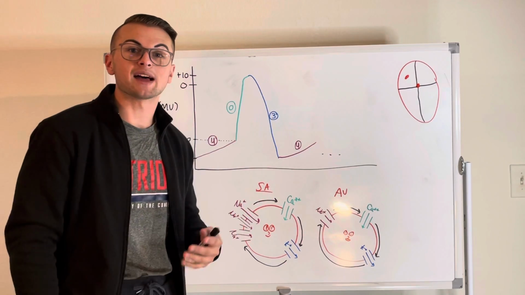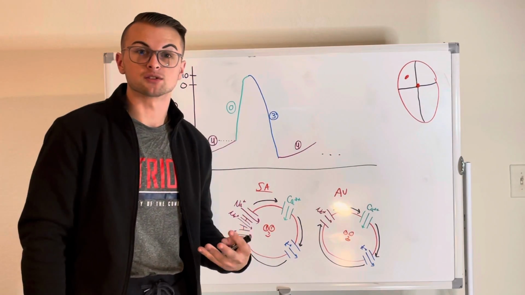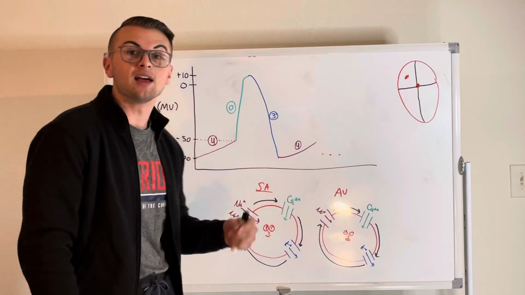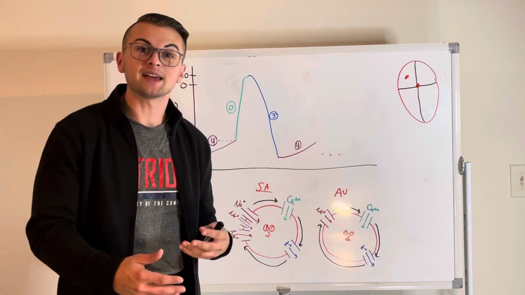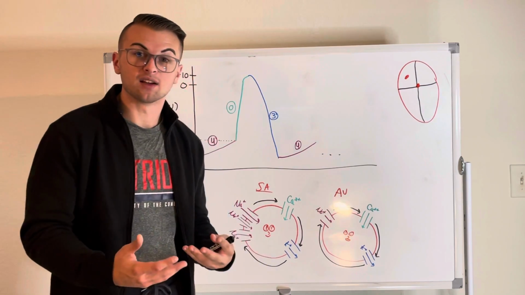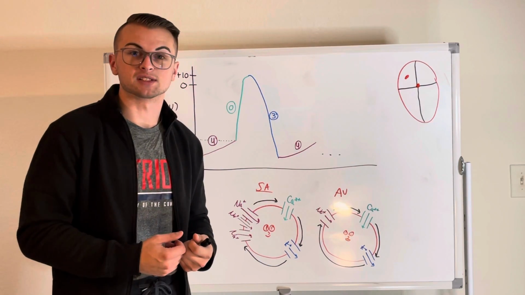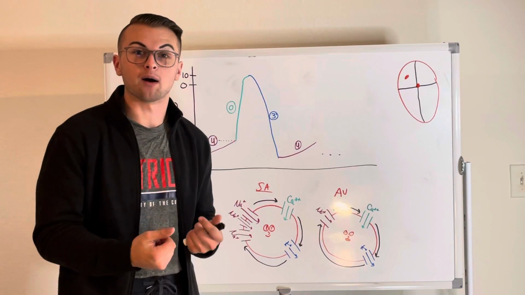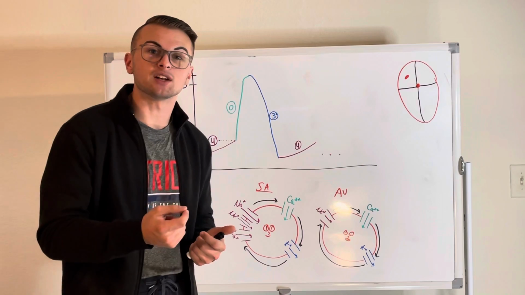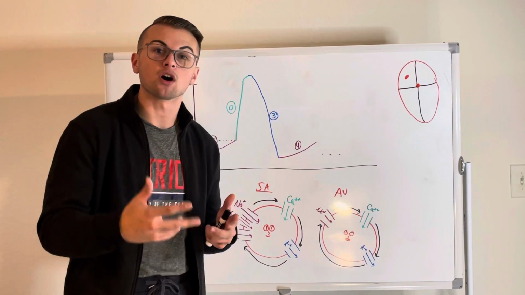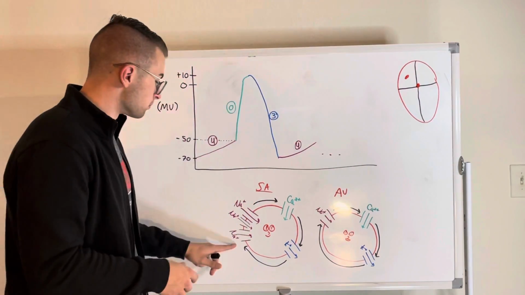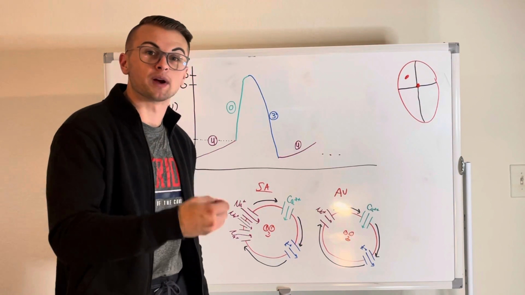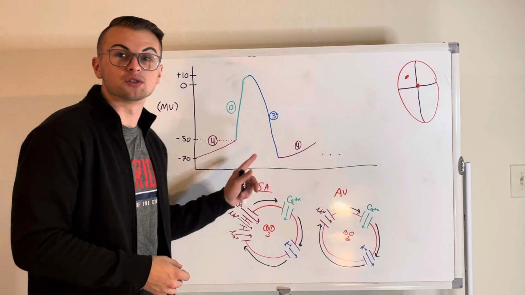Now, the SA node has the most funny sodium channels, so it naturally reaches threshold, marked by this dotted line, the fastest, which means that it spontaneously fires action potentials the fastest. Spontaneous meaning by itself, of its own willpower. This is why the SA node is the boss of the heart rate: it has the most funny sodium channels and the fastest rate of phase 4 depolarization.